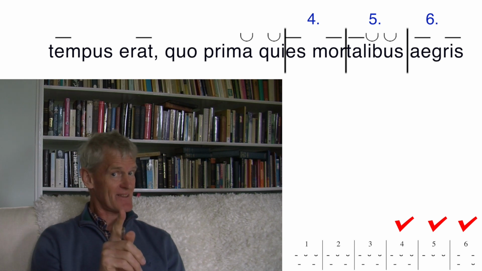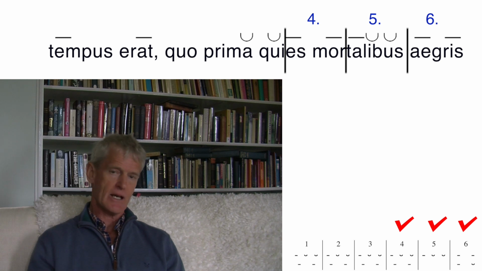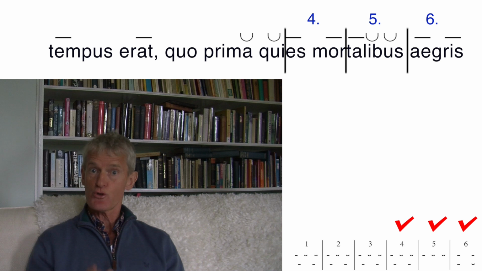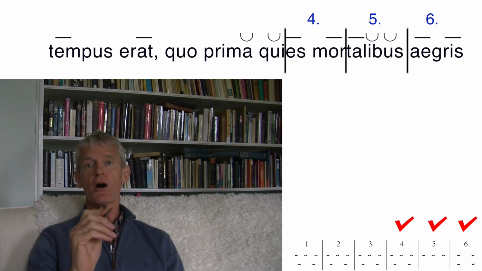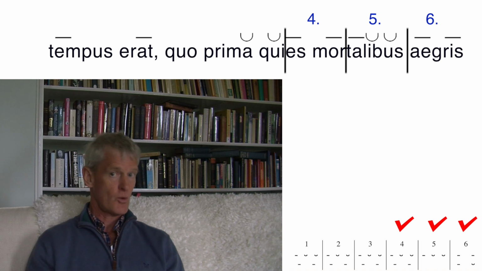Now, I did say that grammatically it had to be something, and I know it's a nominative feminine singular, but if you didn't know that earlier, you do know it now because we've just marked it as a short a. So it must be nominative or vocative.